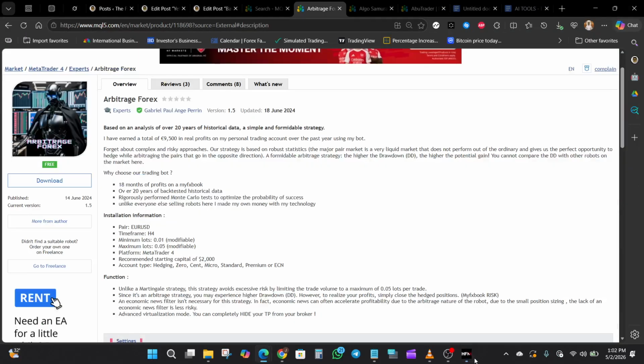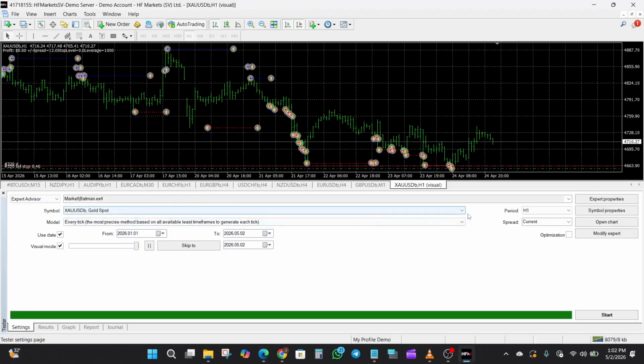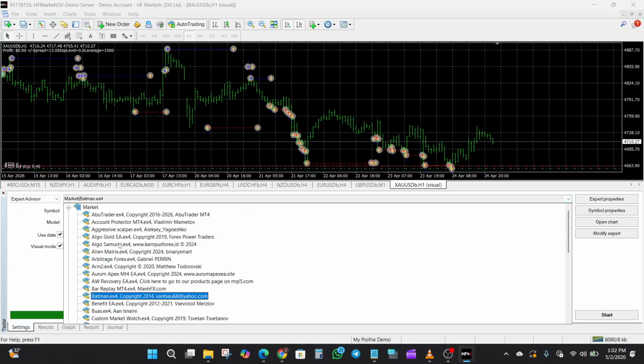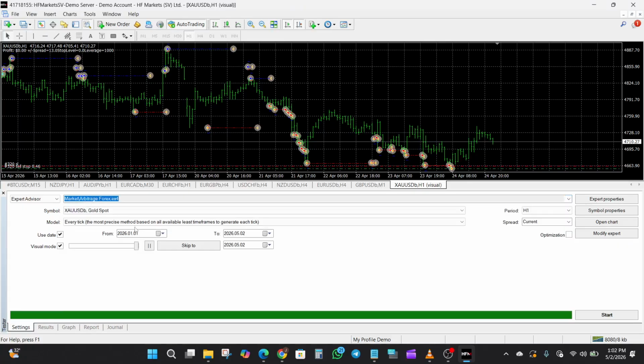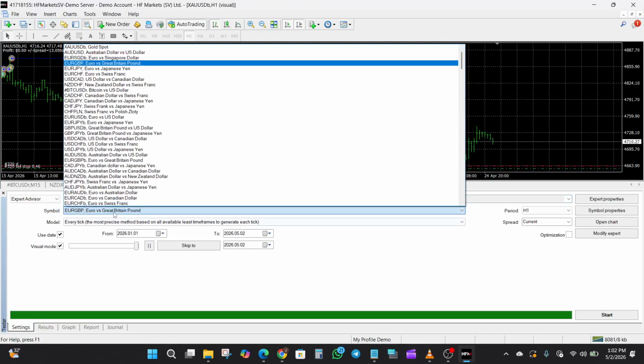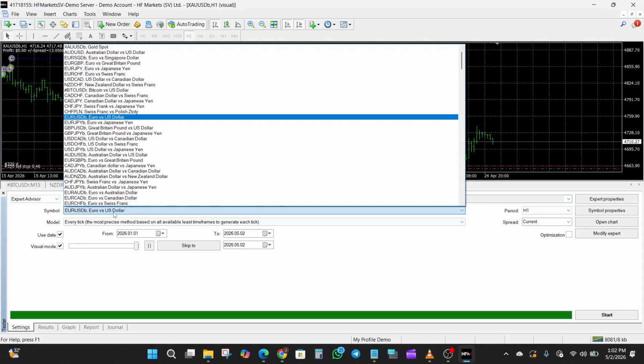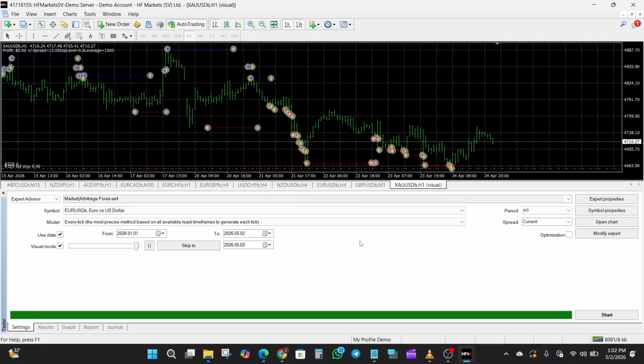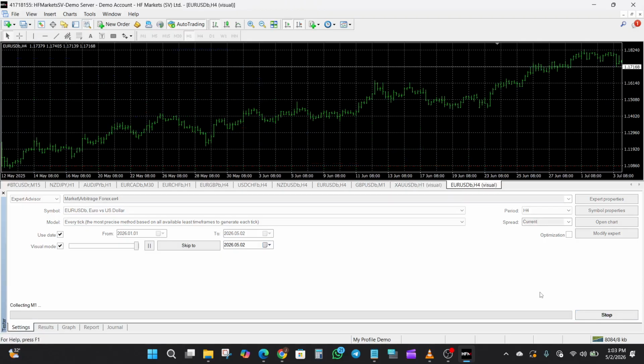We're going to be selecting the Arbitrage Forex Expert Advisor, using EURUSD on the H4 time frame, and we are going to be running this backtest from the beginning of this year so that we can observe a meaningful period. And as always, longer backtests give a more reliable picture than short-term runs. So let's just start quickly.